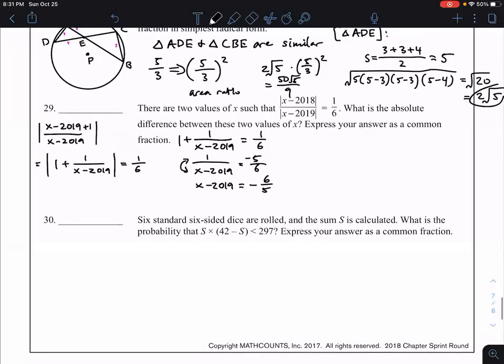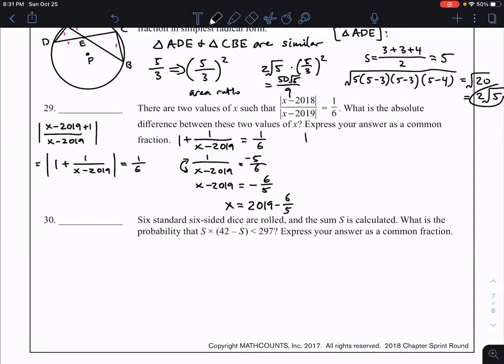And then we can find that x is equal to 2019 minus 6 over 5. And we're just going to leave that there.